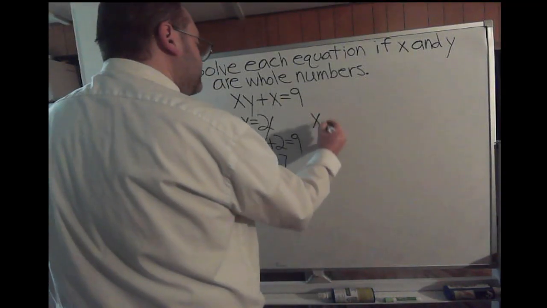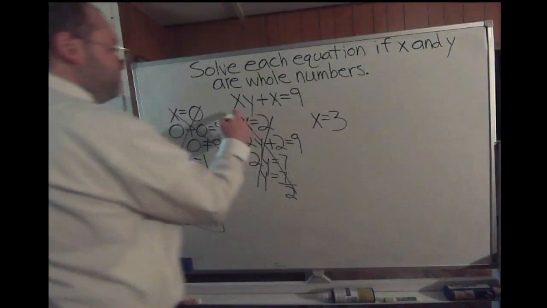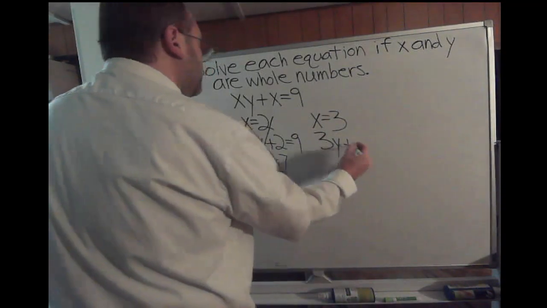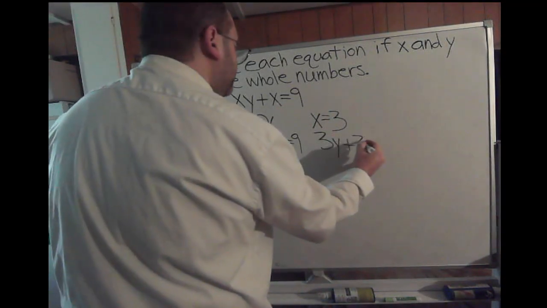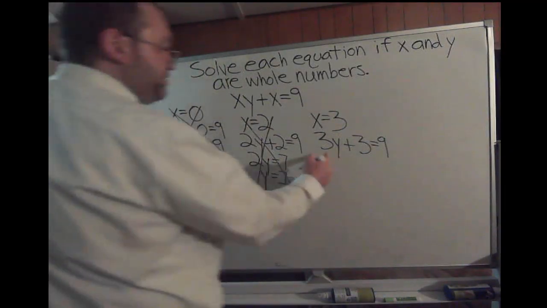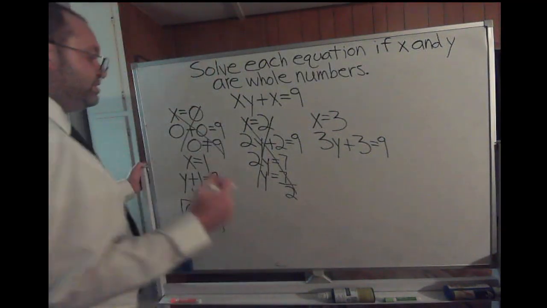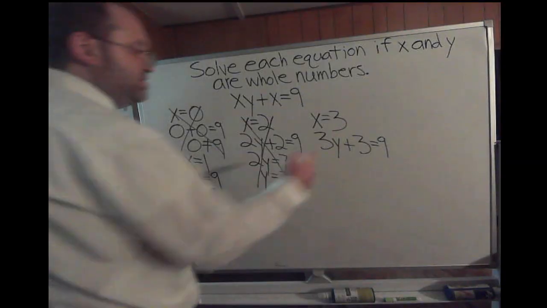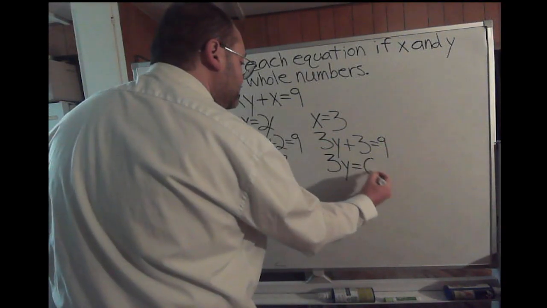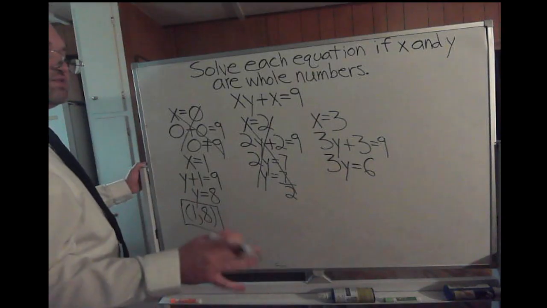What about if x equaled 3? So put in 3 for your x, you would get 3y plus that x value of 3 equal to 9. So 3y plus 3 equals 9. We want to just solve for 3y. So subtract 3 from both sides, you get 3y equals 6. Now you want to solve for just y.